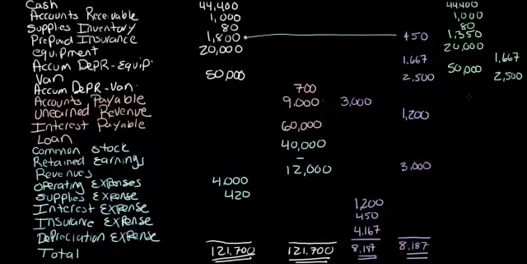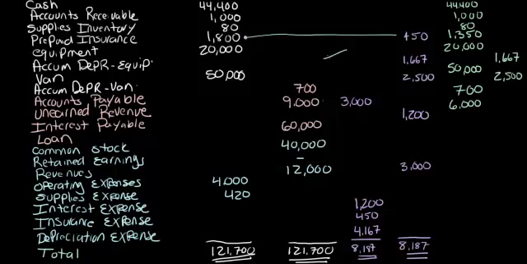Our accounts payable account, we have $700. Our unearned revenue, we're going to take this credit balance and put a debit up against it. And so we're going to end up with $6,000 in that account.